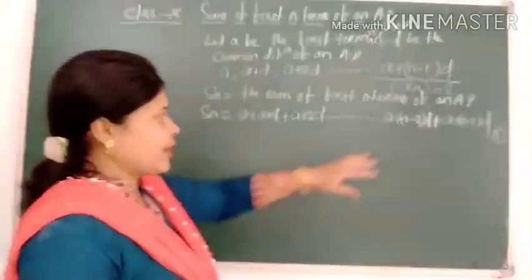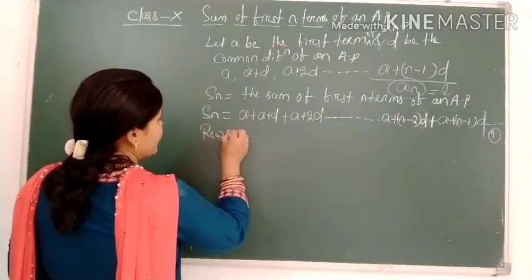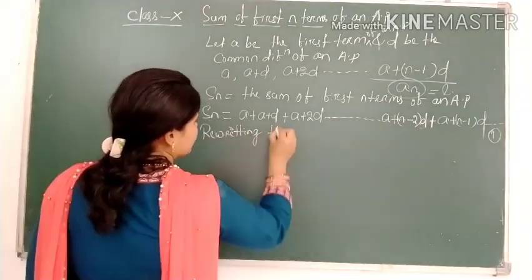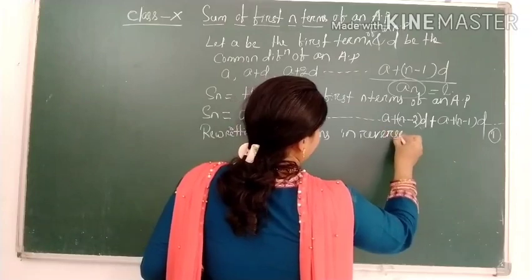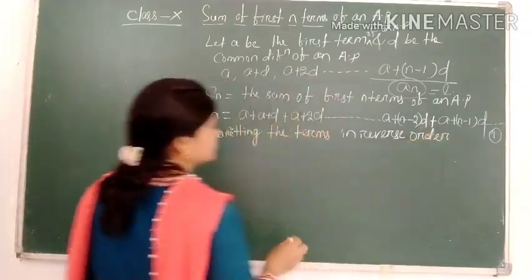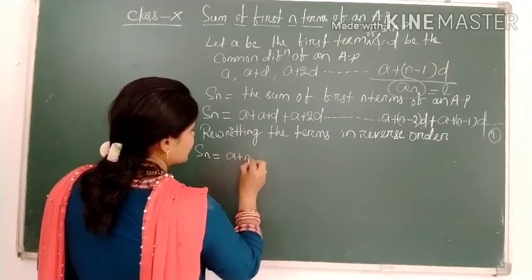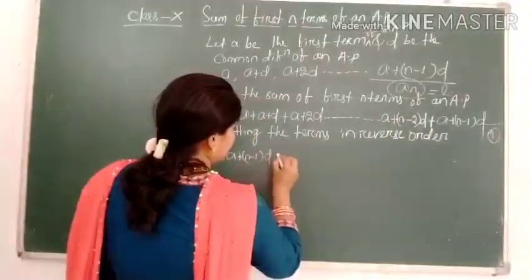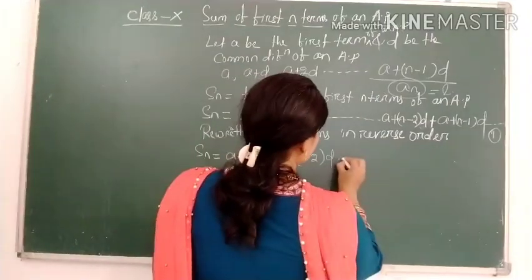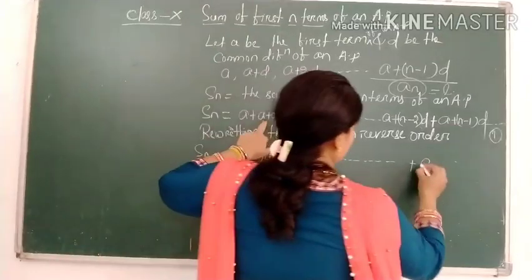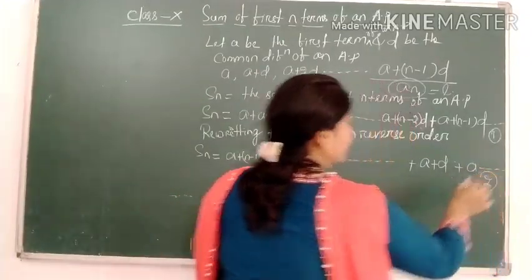Then if I write this one in reverse, rewriting the terms in reverse order, then Sn becomes, this will come first, A plus n minus 1 into D, then this one A plus n minus 2 into D, then up to A plus D and here A, and let's take this one as equation 2.